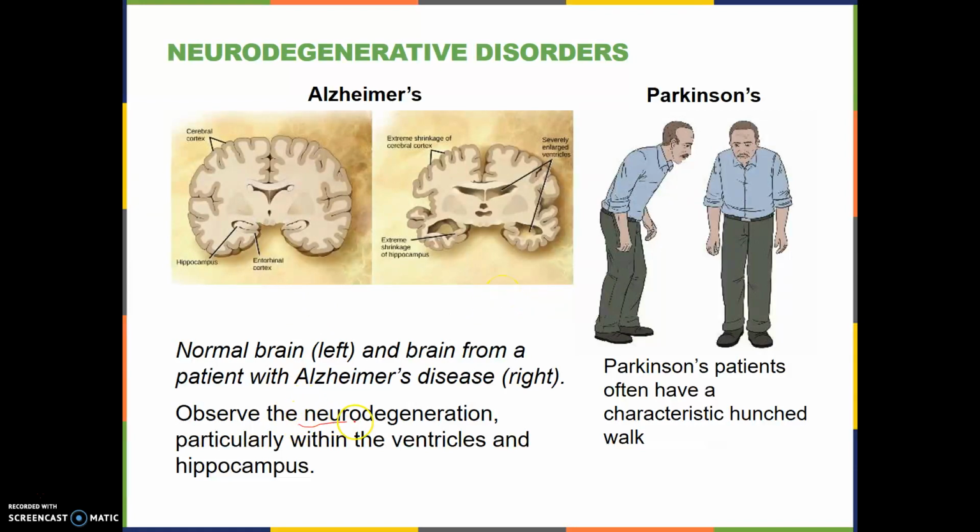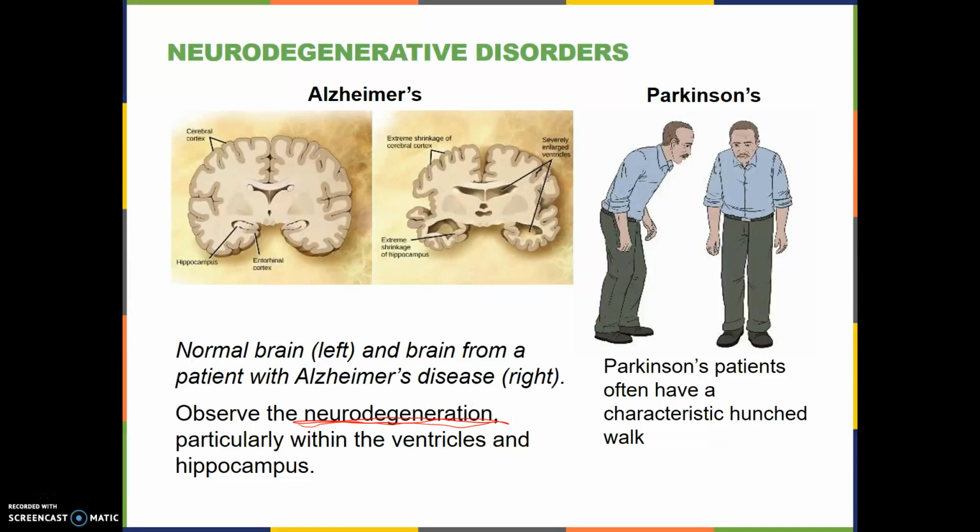It's neurodegeneration because the brain and the nervous system is degenerating. It's actually smaller, and you're losing nervous tissue. And Parkinson's is the disease where people will shake, and you can see that this man has a hunched over walk.